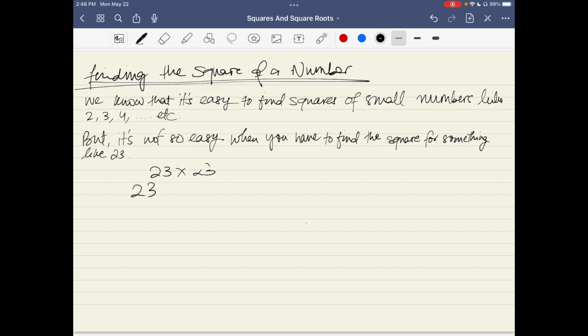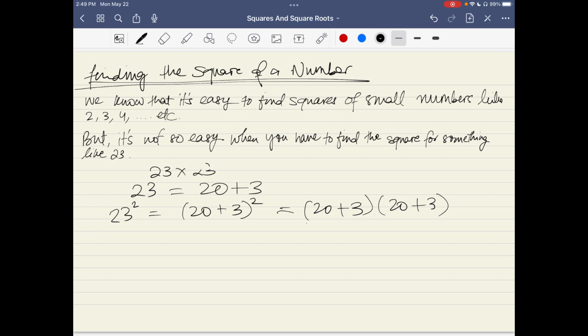We can write 23 as 20 plus 3, right? Therefore, 23 squared can be written as (20 plus 3) whole squared, which is (20 plus 3) times (20 plus 3) essentially. Now, when we open these brackets up, we will get 20 times (20 plus 3) plus 3 times (20 plus 3), right?